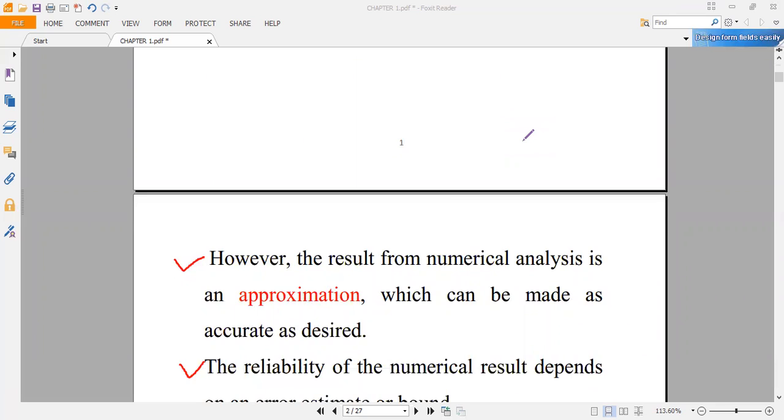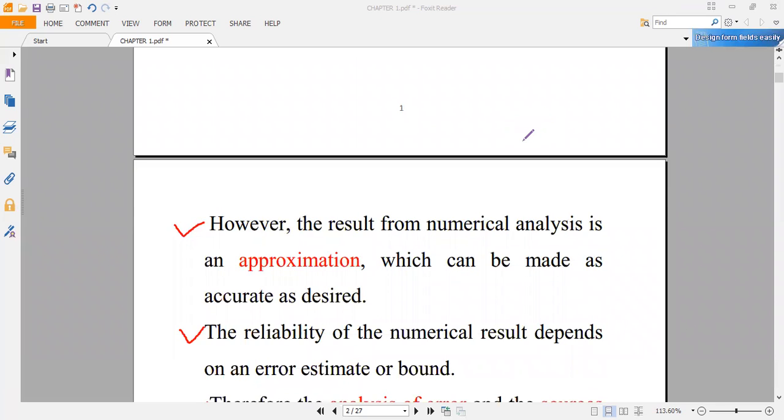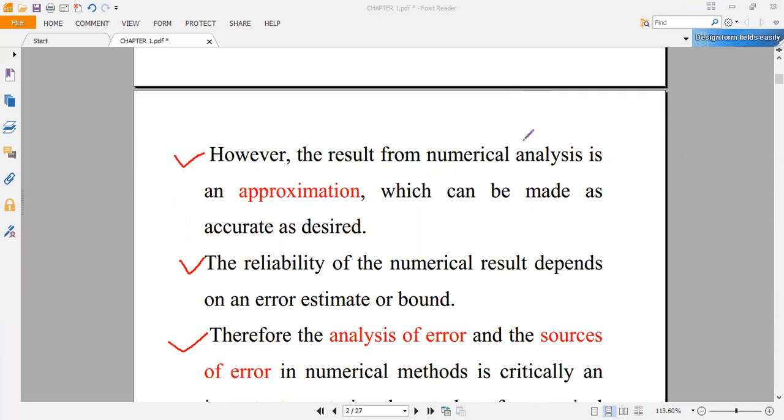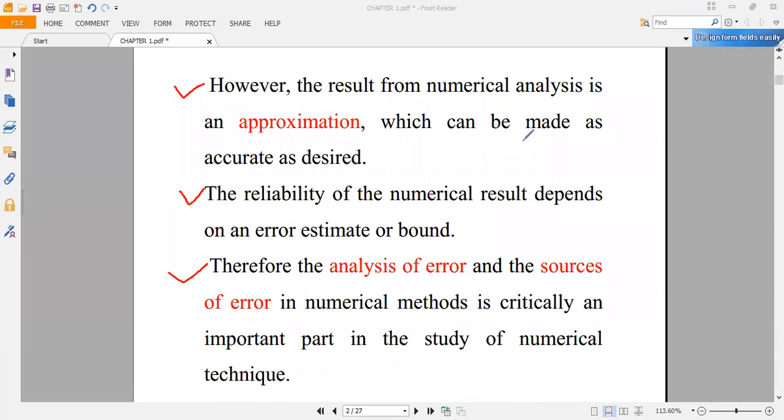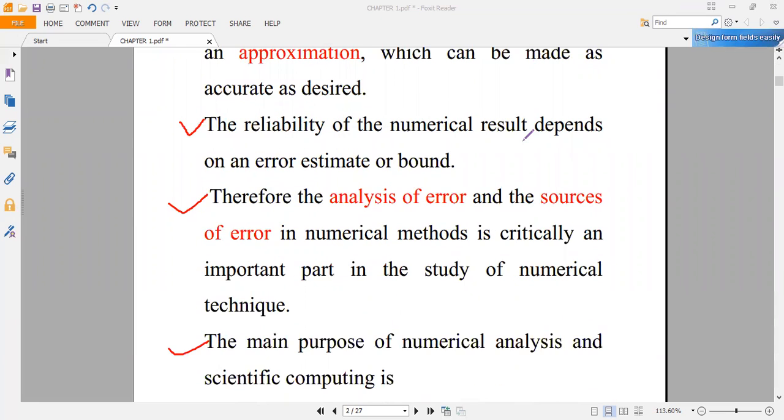And the reliability of the numerical methods' results depends on the error estimate or bound. So it is good to see the analysis of error and sources of error. Error analysis is a critically important part of studying numerical techniques.